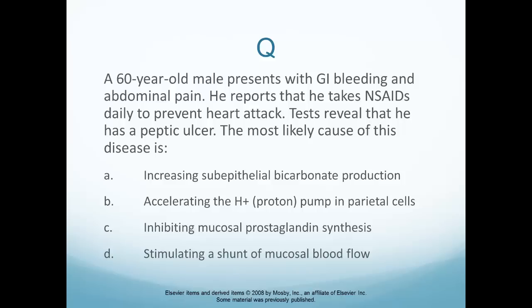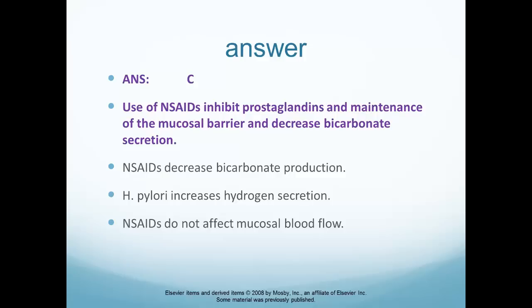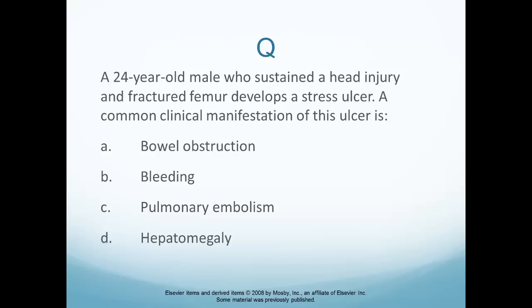The most likely cause of his disease is... The correct answer is NSAIDs inhibit prostaglandins and maintenance of the mucosal barrier and decrease bicarb secretion. So NSAIDs are going to be the thing that is causing the patient to have that dysfunction.